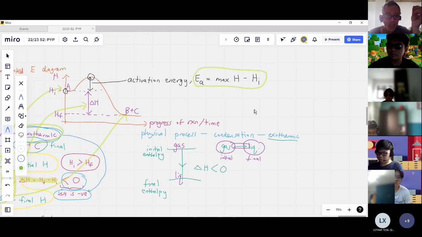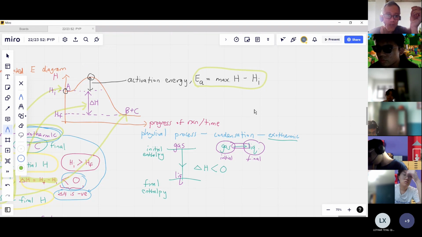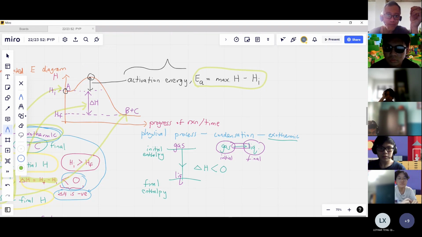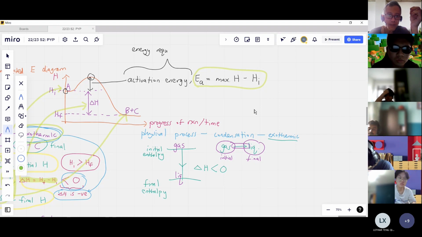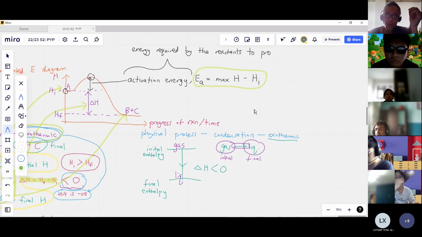I assure you, this would be the last concept I would touch on today. What exactly is activation energy? Energy required by the reactants to proceed with the reaction.